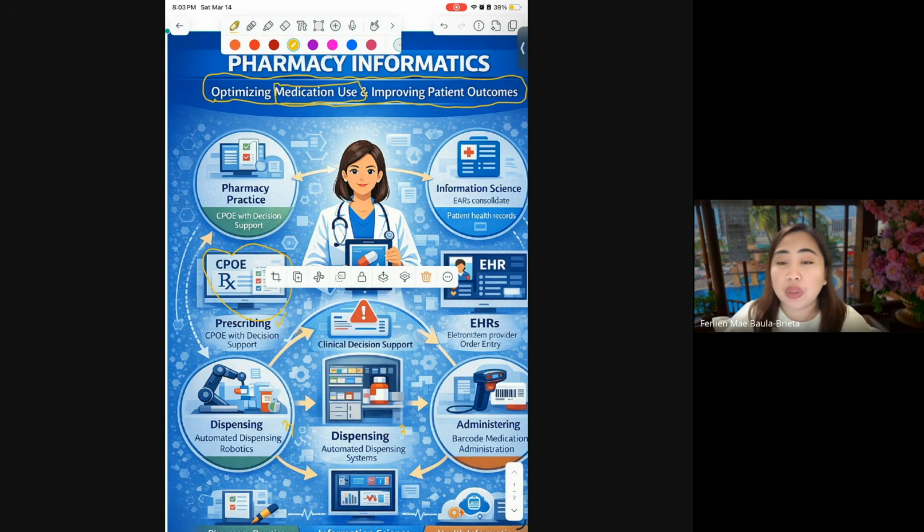You will frequently rely on this system to review laboratory values, for example, to identify drug interactions, check dosing requirements, and monitor therapeutic outcomes. So it is a must that you learn, and you should not forget the things that you have encountered in this subject.